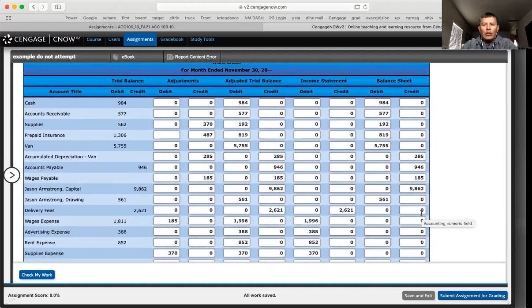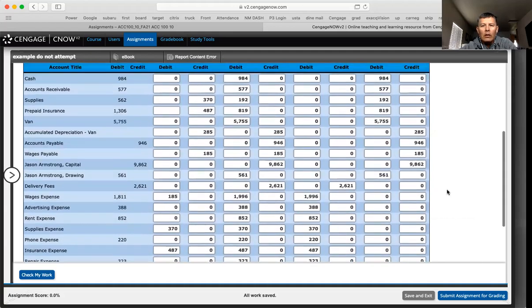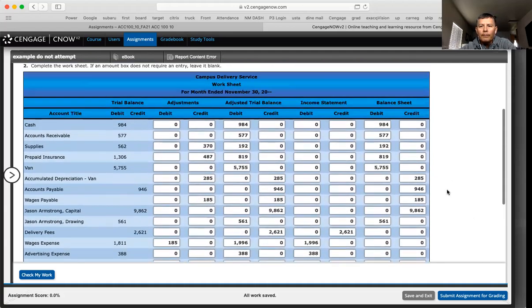I'm just going to add the balance sheet columns one more time. 984 plus 577 plus 192 plus 819 plus 5755 plus 561. Okay, that is correct. 8,888.